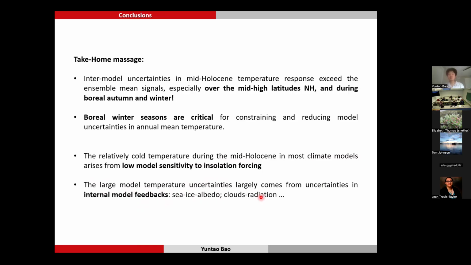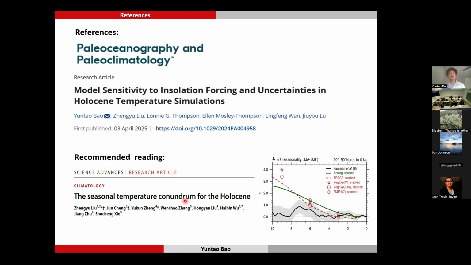Other external forcings, which are not included in the PMIP4 models, may not be that important. That tells us maybe we do not have to put so much effort into improving the external forcings for Holocene temperature simulations. This is the reference paper of the talk.